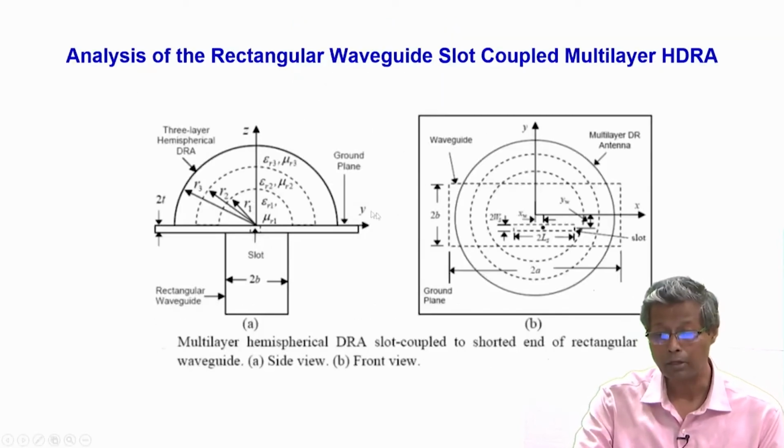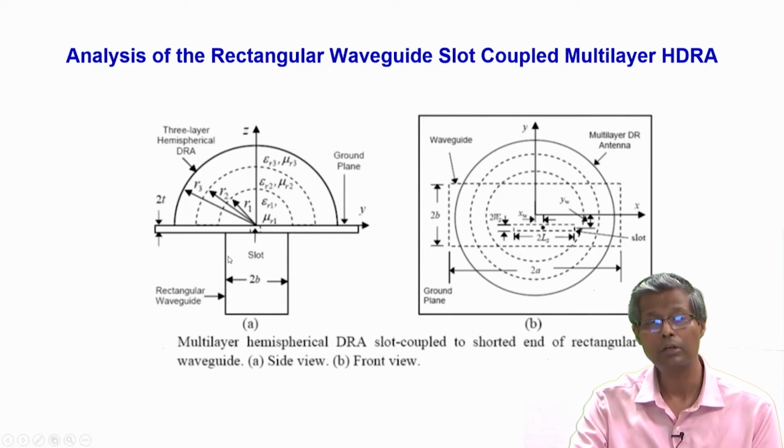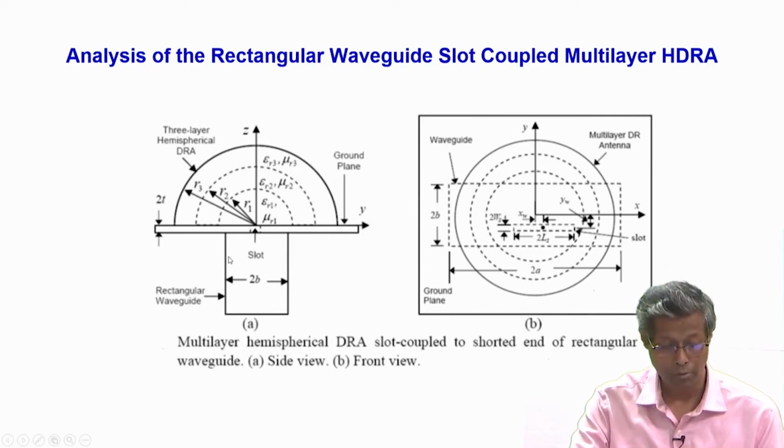Next we go to the waveguide coupled structure, the rectangular waveguide coupled to the multi-layer dielectric resonator antenna. So, typically the rectangular waveguide has been used to couple to the dielectric resonator antenna previously, including the case of a single layer dielectric with a focusing DRA and a dielectric resonator which is coupled to the rectangular waveguide through a drilled in probe like this.